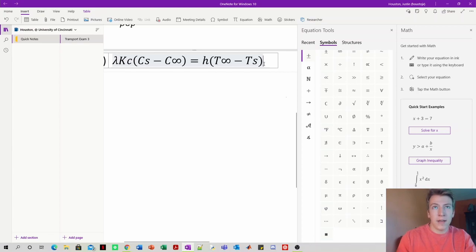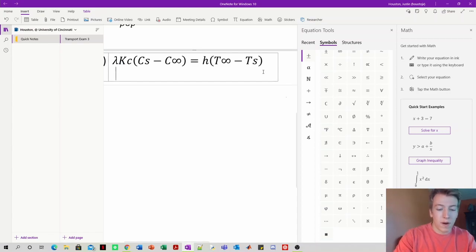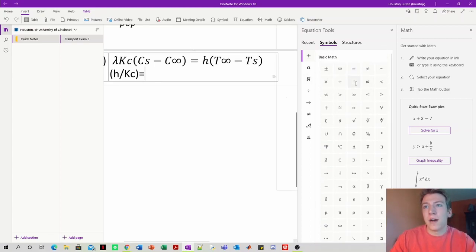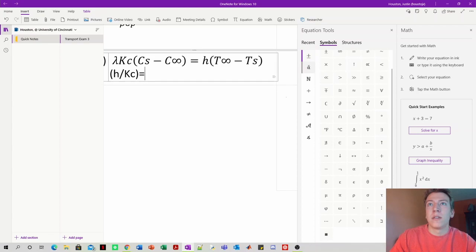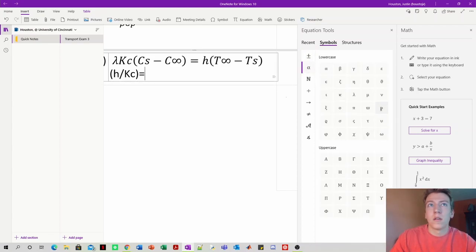So now that we have that, we also know that from that Lewis relationship, H over Kc is going to be equal to rho Cp, which is what I defined in the first video of this exam.